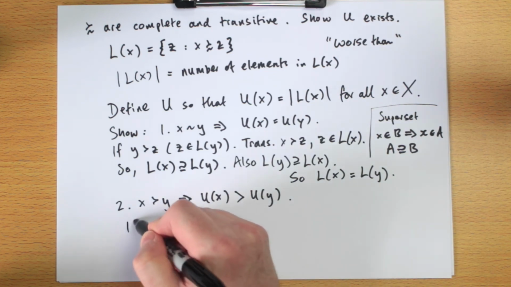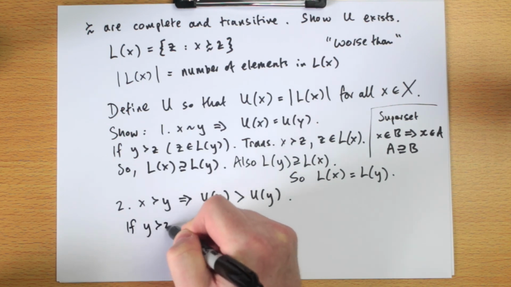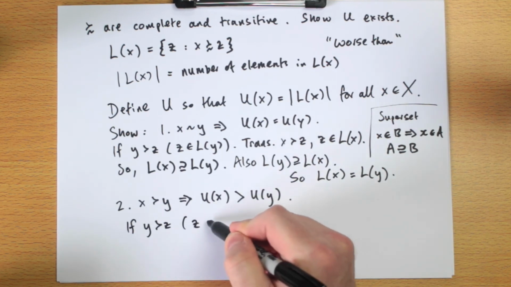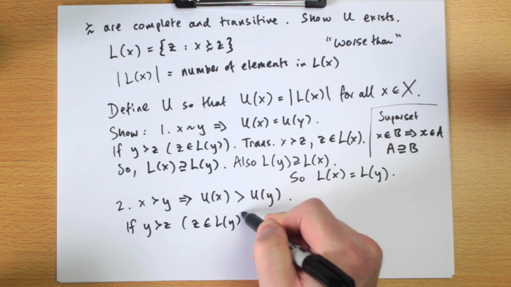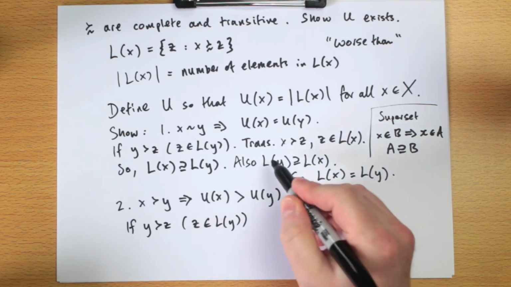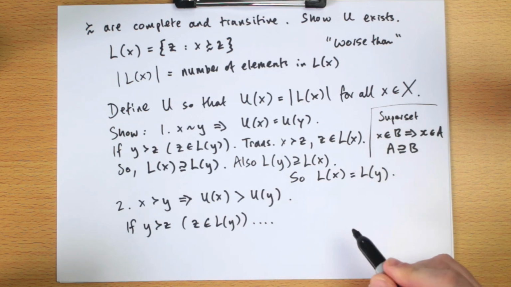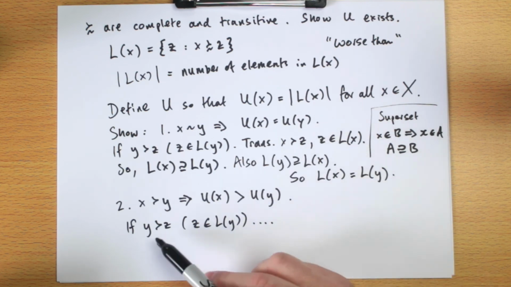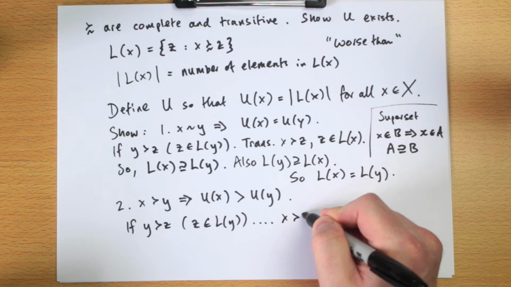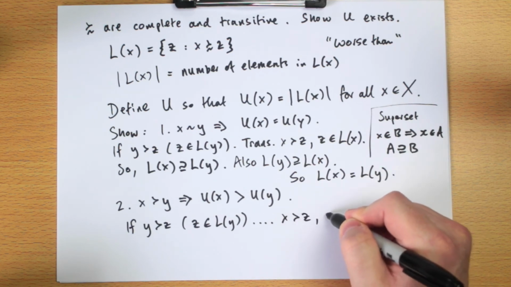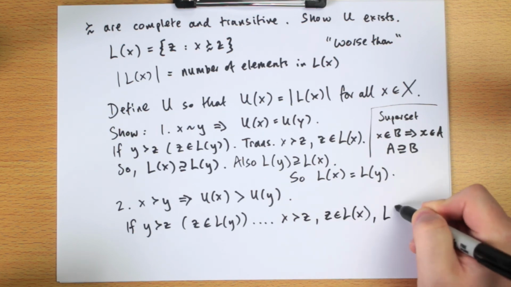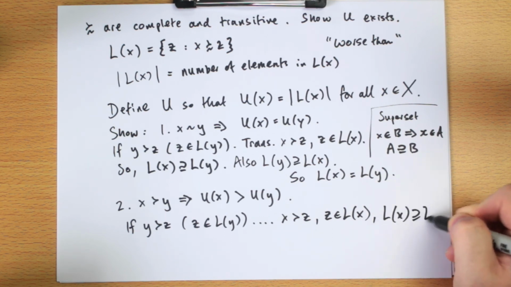Well, first of all, by the same first step before, if y is strictly preferred to some outcome z, so that z belongs to Ly, then by exactly the same argument, transitivity would say that x is preferred to y is preferred to z, so x must be preferred to z, and so z belongs to Lx, and so Lx is a superset of Ly.